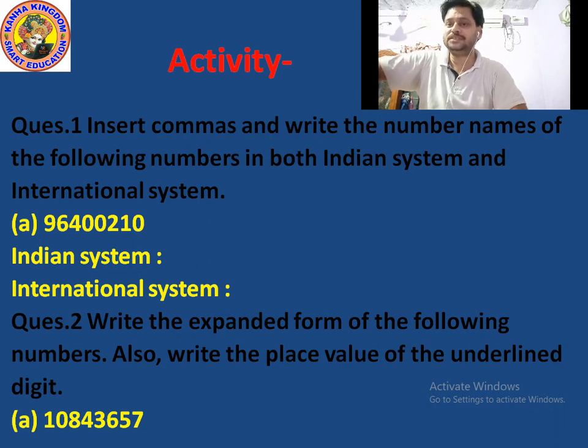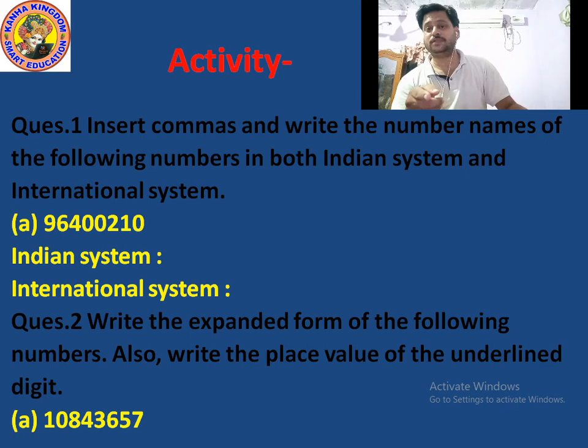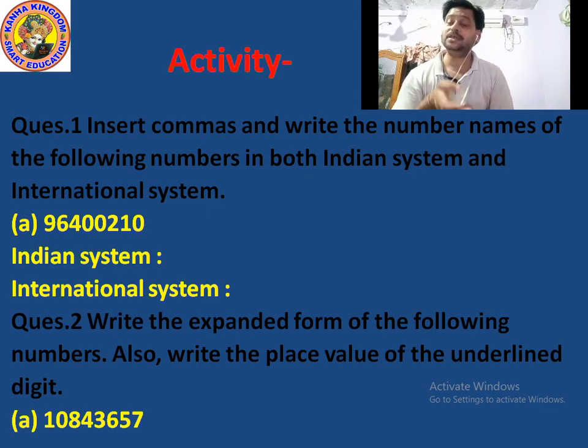So which digit is underlined? Here 8 is underlined. So where is 8? After the first comma, after the second comma, after the third comma, where is 8? Yes, after the second comma, 8 is there.